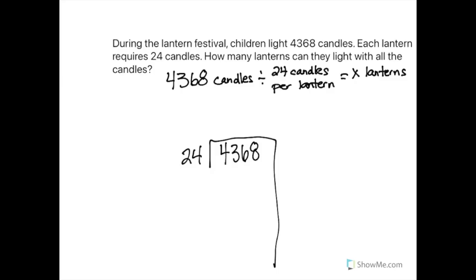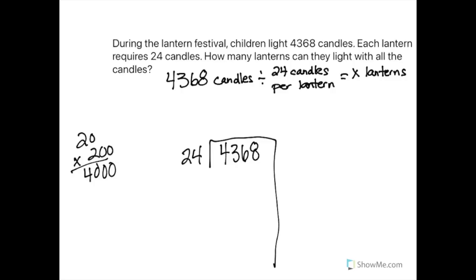So I'm going to estimate. I know 24 is close to 20. And 4,368 is close to 4,000. So if I did 20 times 2, that would get me 40. If I added a 0, that would be 400.